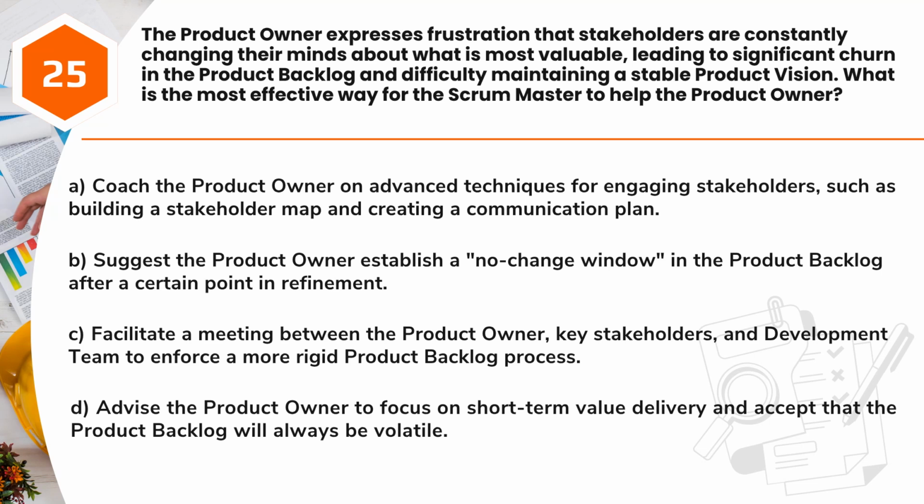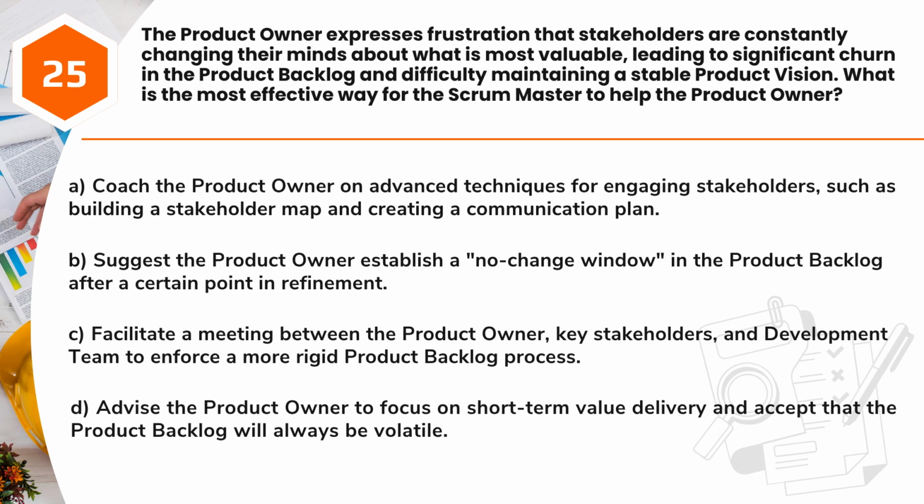Question 25. The product owner expresses frustration that stakeholders are constantly changing their minds about what is most valuable, leading to significant churn in the product backlog and difficulty maintaining a stable product vision. What is the most effective way for the Scrum Master to help the product owner? A. Coach the product owner on advanced techniques for engaging stakeholders, such as building a stakeholder map and creating a communication plan.